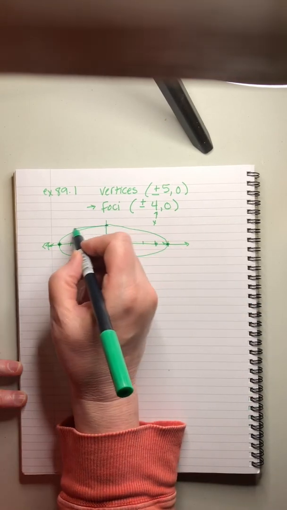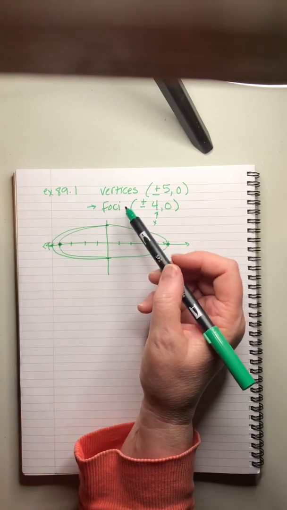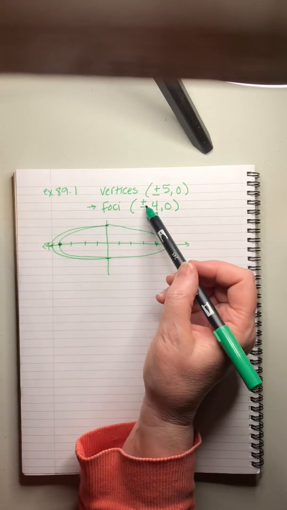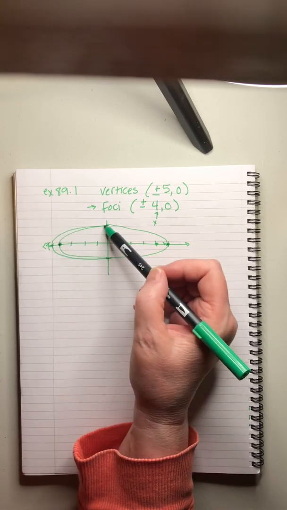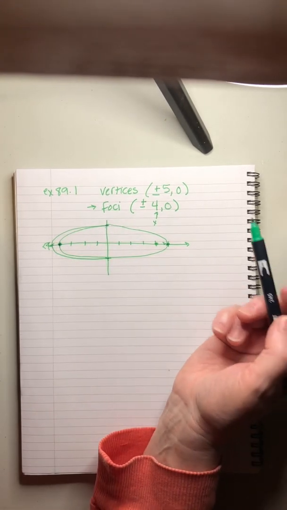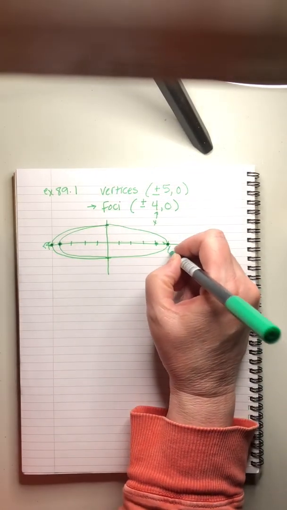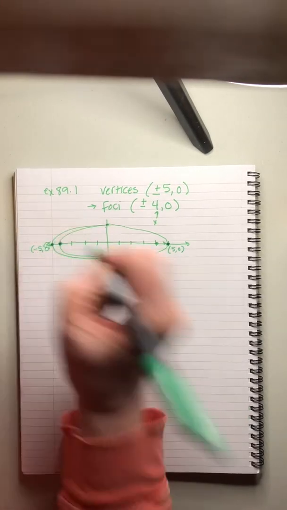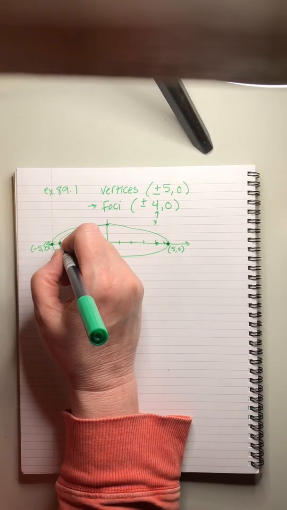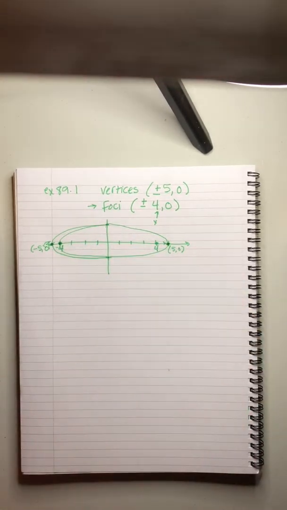Oh, I did this wrong. Right? The ellipse does not touch the focal point. That's within. I accidentally drew it touching the focal point, but it should be all the way out here at the vertices, right? So this is 5, 0, and this is minus 5, 0, and this point is at minus 4, and this is at positive 4.